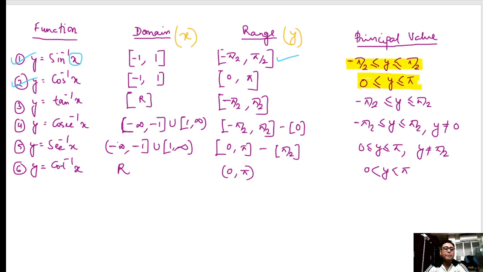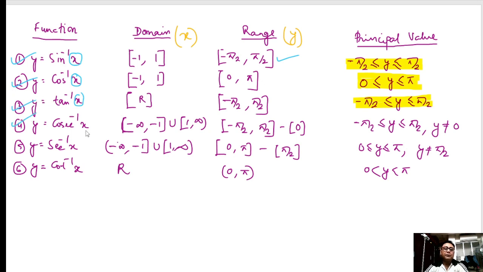Third, y equal to tan inverse x, in place of x I can put any value from -infinity to +infinity, and the principal value which I will get is from -π/2 to +π/2. You have to know these values very, very nicely, otherwise you cannot do that.